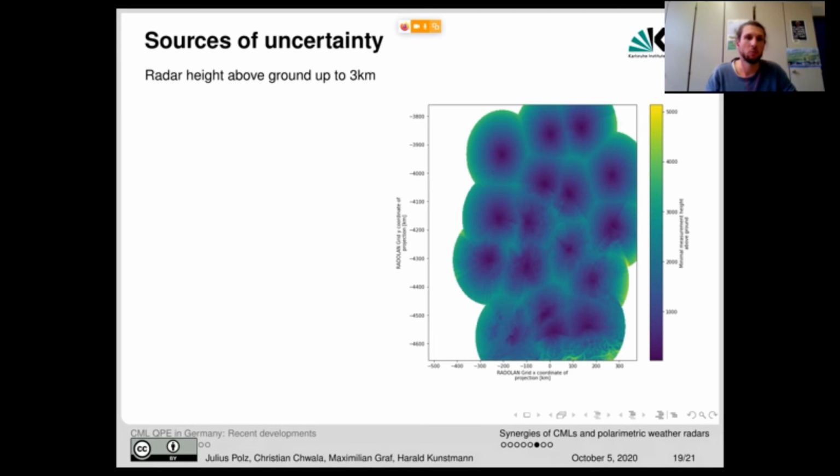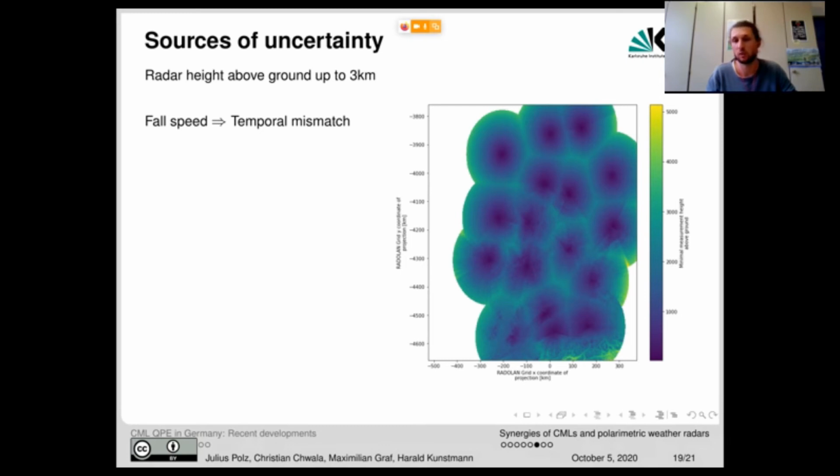Of course, there are large sources of uncertainty that we try to explore, and they mostly come from the fact that the radar height above ground is up to 3 kilometers, even more in some very small areas. Just due to the fall speed of the drops, there should be a temporal mismatch.